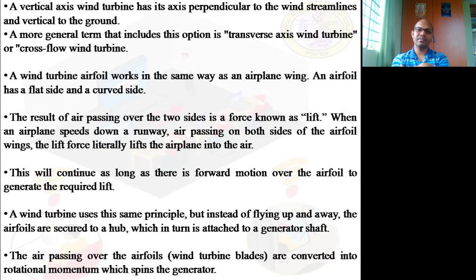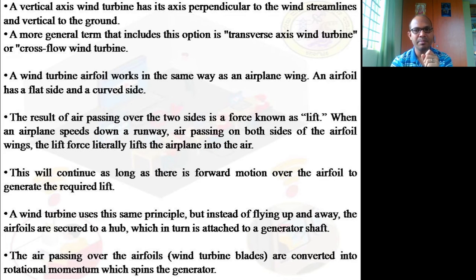Now, a vertical axis wind turbine has its axis perpendicular to the wind streamlines and to the ground. A more general term that includes this option is a transverse axis wind turbine or a cross flow wind turbine. It is only because of the wind that the blades will turn like this. The air flows across like this. Maybe you might have experienced it.